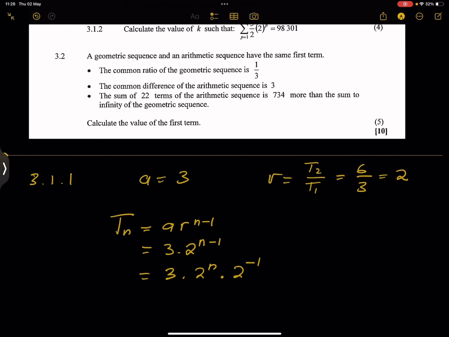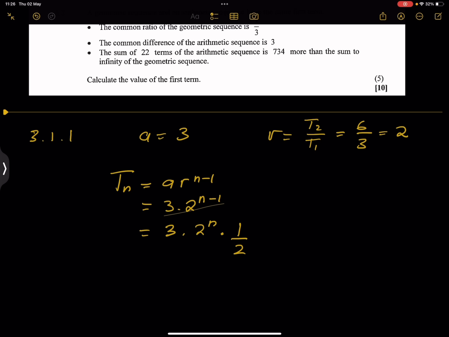Now remember, 2 to the minus 1 is the same as writing 1 over 2, right? So we're multiplying this entire thing by 1 over 2. And so what it can actually become is 3 over 2 times 2 exponent n. All right, so that's another way of writing that whole thing down.